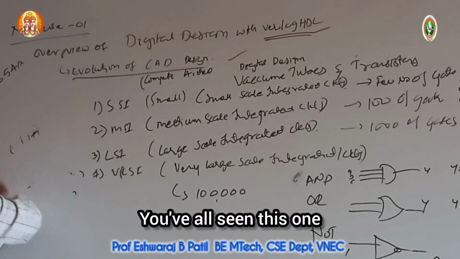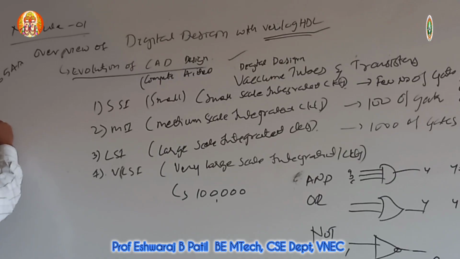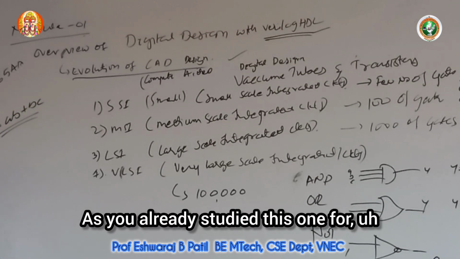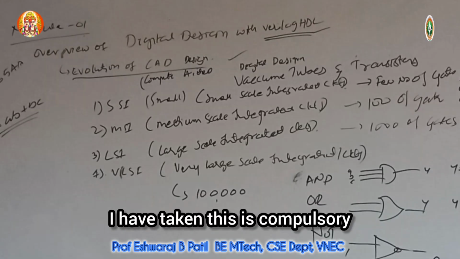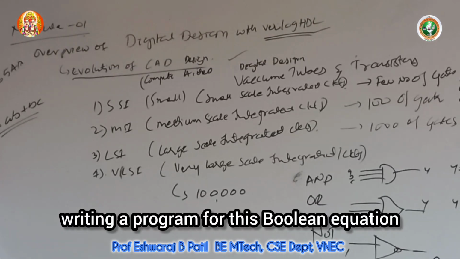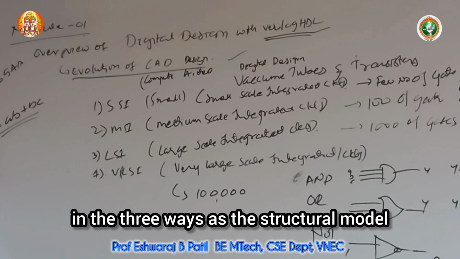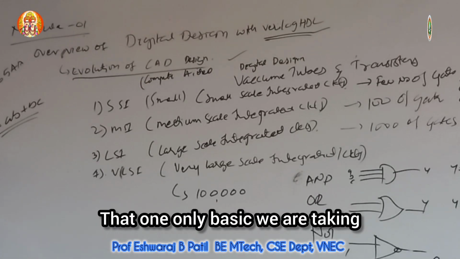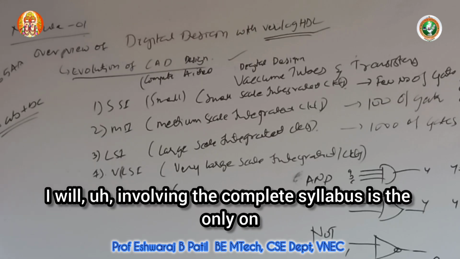I will write a program for this Boolean equation in 3 ways: structural model, data flow model, and behavioral model. We take only that basic; the complete syllabus is based only on that basic.